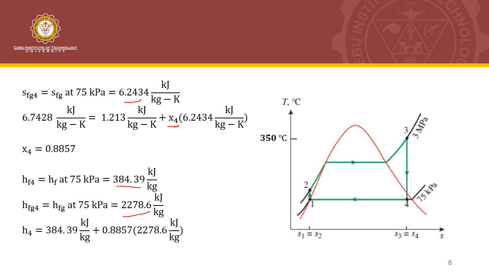So we have H4 as HF, which is 384.39, plus X4, which is 0.8857, multiplied by HFG4, which is 2278.6. So our value of H4 is 2402.546 kilojoules per kilogram.